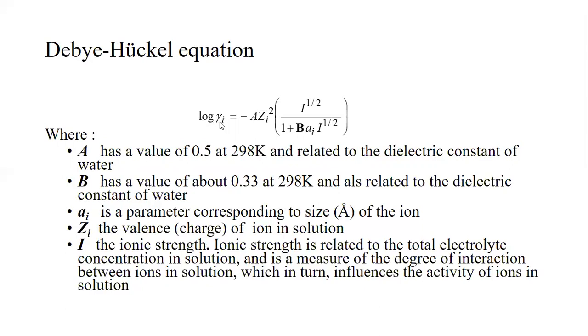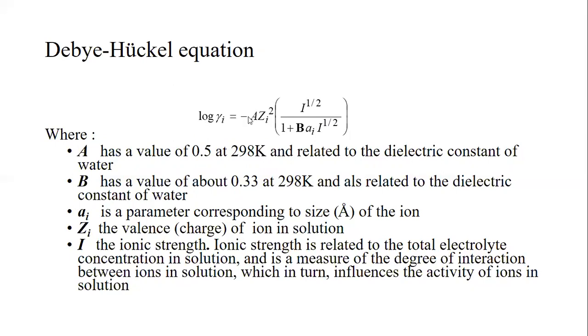Log gamma of i, where i is any ion, any species, is the single ion activity coefficient for any ion, equal to minus A Zi squared, times, open big brackets, a fraction: the square root of I, we'll talk about I in a minute, over 1 plus B small a sub i times the square root of I. What are these parameters in this equation?